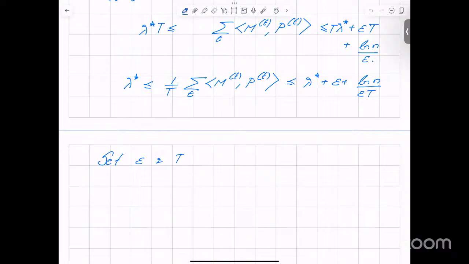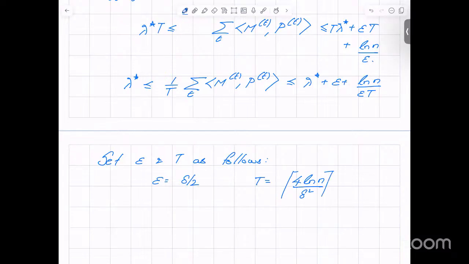We'll set epsilon to be delta by 2, and we want ln n by epsilon t to be less than delta by 2. So we want t to be the ceiling of 4 ln n by delta square, I believe.